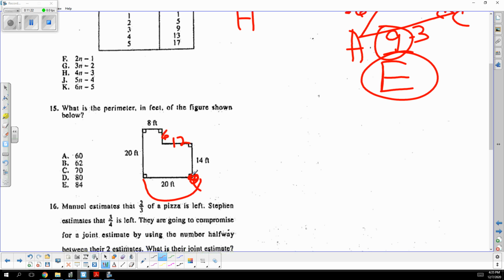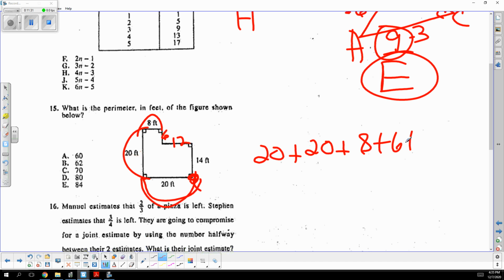I'm real careful. I'll start from here and work my way around: 20, 20, 8, 6, 12, 14. So what does that make? When I add them all up, I think it's 80, D.